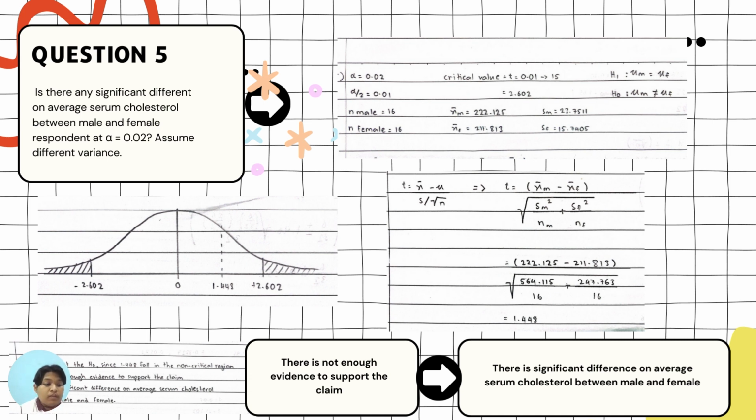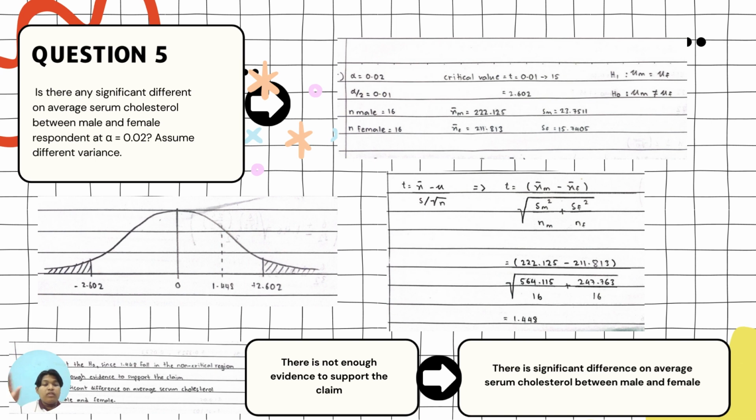So the X bar for male is 222.125. So the X mean for the female is 211.13. The standard deviation for male is 23.7511, and the standard deviation for female is 15.7405. The null hypothesis given, the mu for male is equal to mu for female. However, the alternative hypothesis is the mu for male does not same as the mu for female.